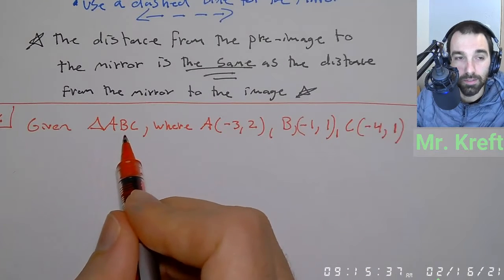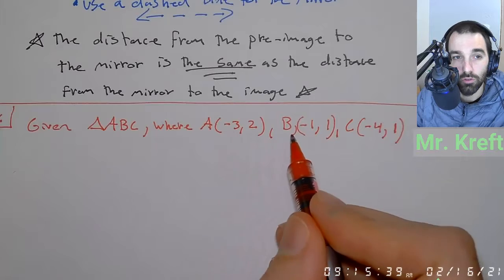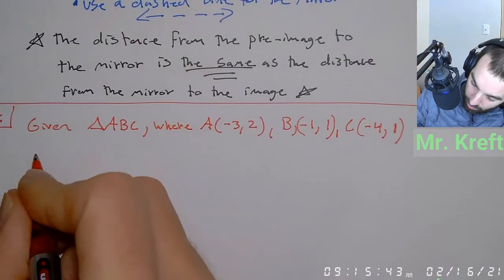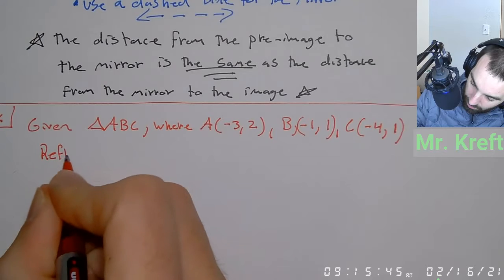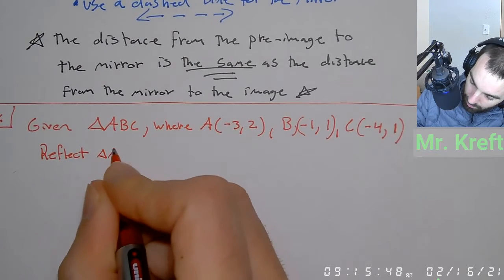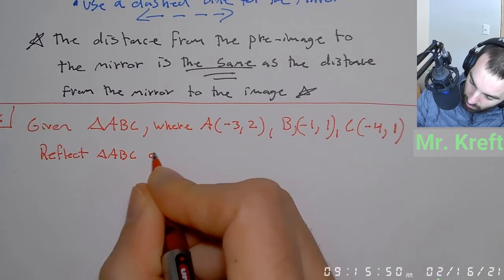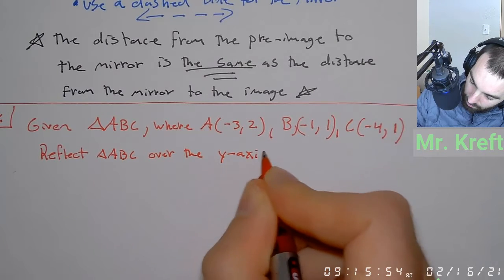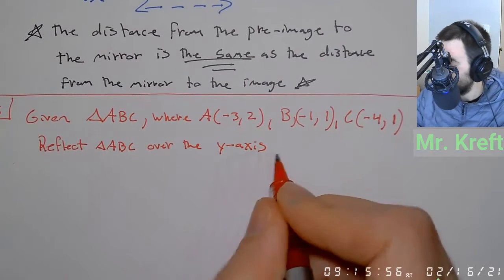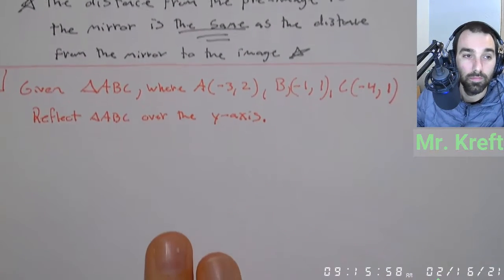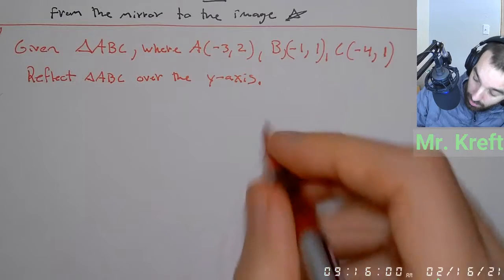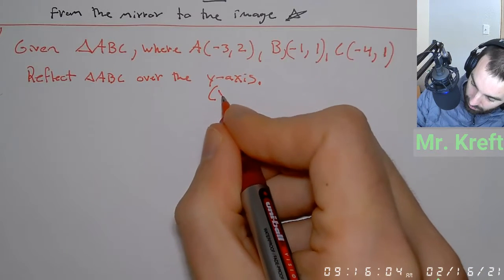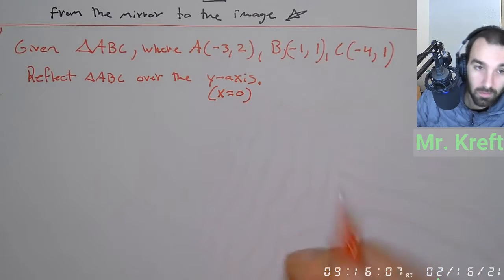We have triangle ABC, and we have 1, 2, 3 points. Okay. And then we're going to reflect triangle ABC over the y-axis. Okay. Now, some people forget, but the y-axis is actually the line x equals 0.